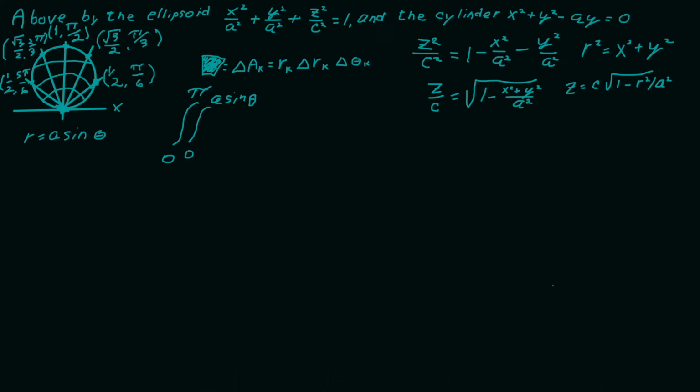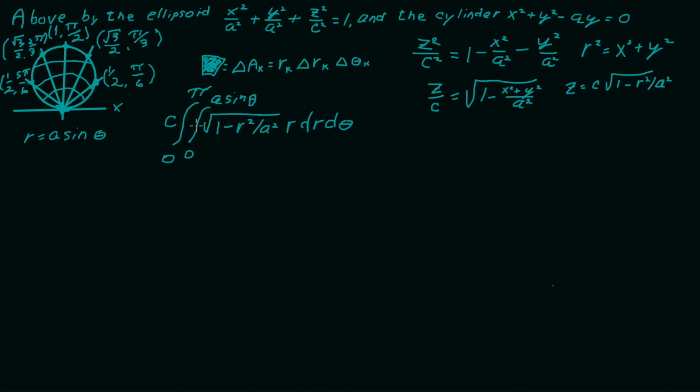And we'll plug that into our double integral. Then we'll multiply this height by the area of each one of these polar rectangles, the area being r dr d theta. And there we're all set up.